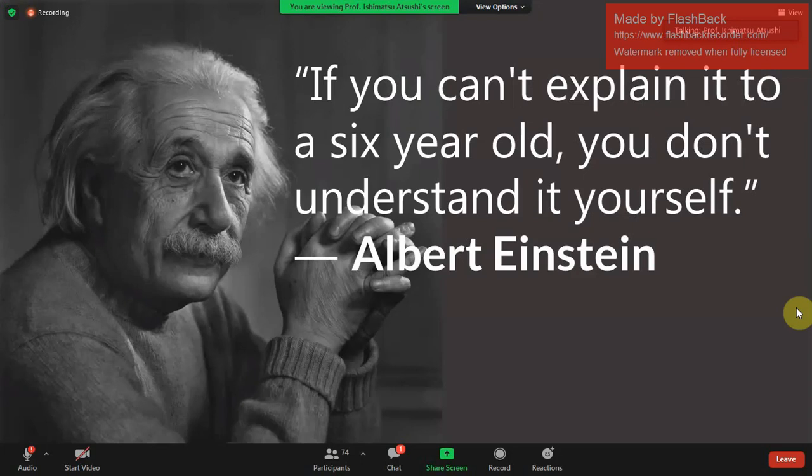This is what I like. Einstein left many thoughtful sayings to us, and this is one of them. It says, if you cannot explain it to a 6-year-old, so a primary school pupil, you do not understand it yourself.